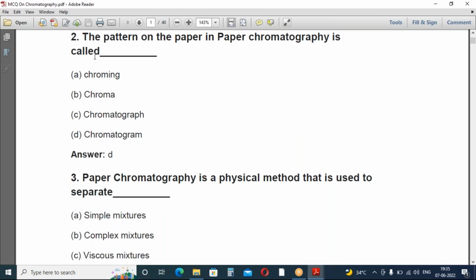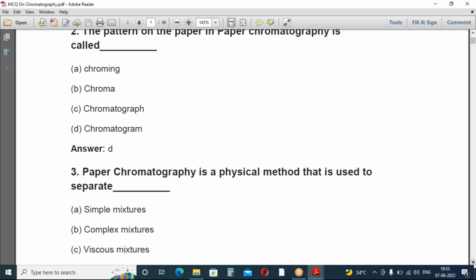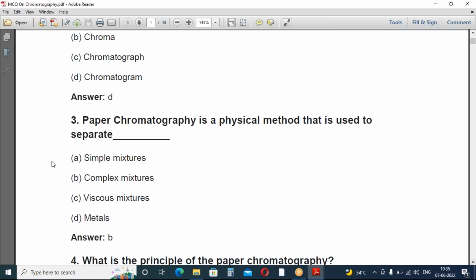This is mainly used for the separation of the components, and the picture or pattern presentation on the paper is called the chromatogram. The next question: paper chromatography is a physical method mainly used to separate which type of mixtures? It is mainly used for the separation of complex mixtures.